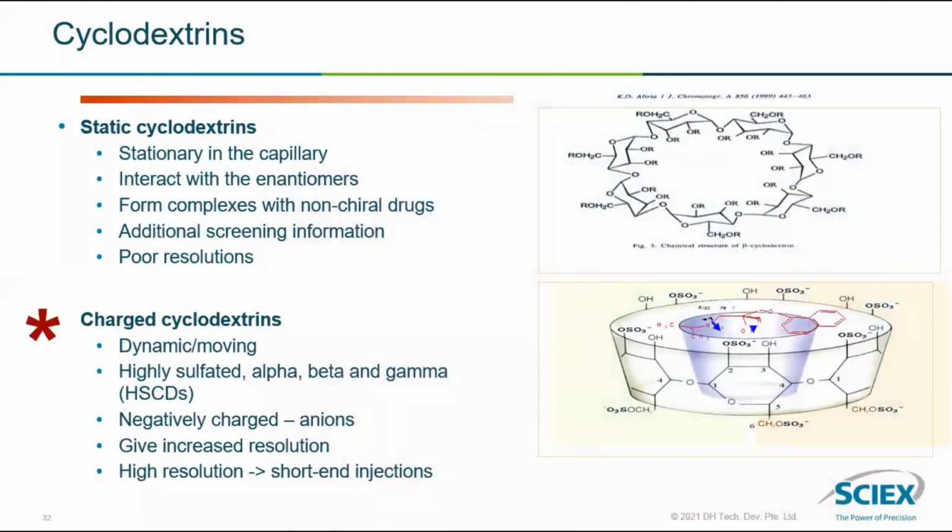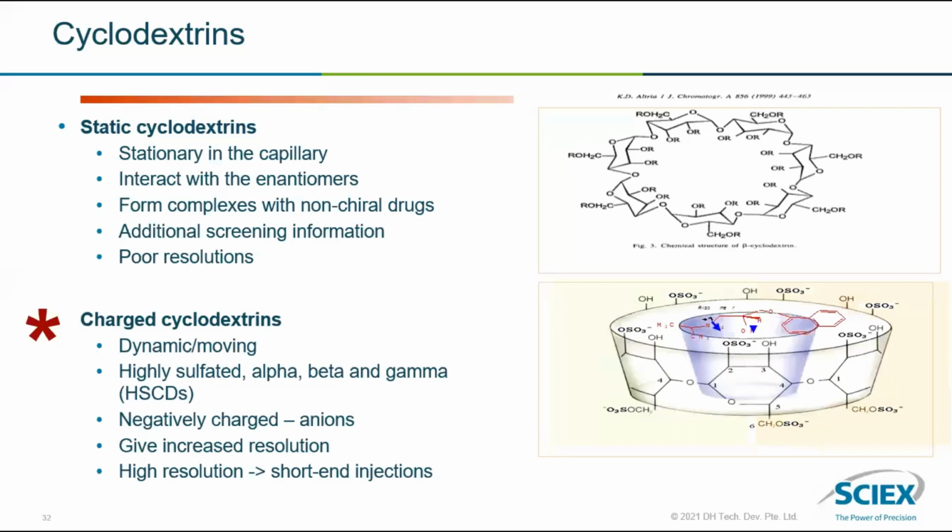For chiral analysis, we use cyclodextrins, and there are two different kinds present in the market. The first is static cyclodextrins, and the second is charged cyclodextrins. For CE applications for chiral analysis, we use charge-based cyclodextrins. These are dynamic cyclodextrins that move inside the capillary, and they are highly sulfated.